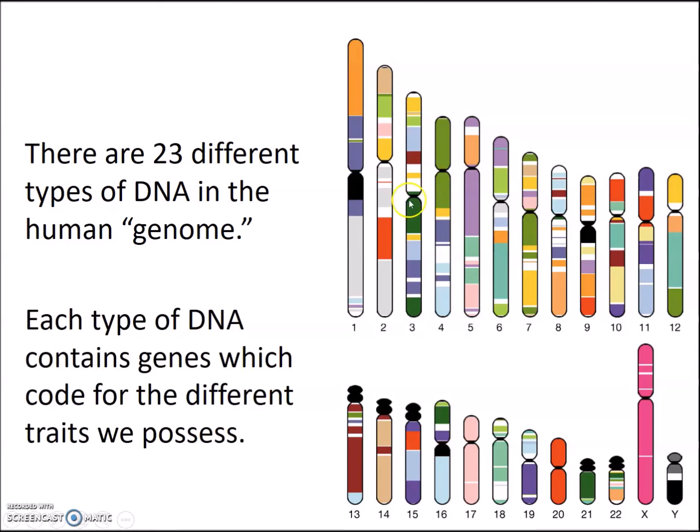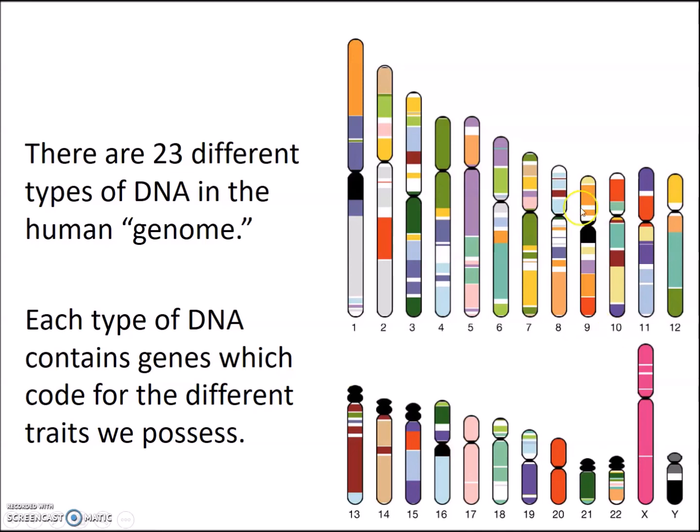Every type of DNA has genes. Now, not every single portion of the DNA molecule codes for a protein, as we'll see in the next couple of chapters. But every gene has a specific location on one of the 23 types of DNA.